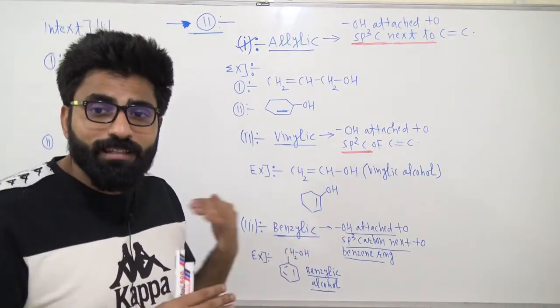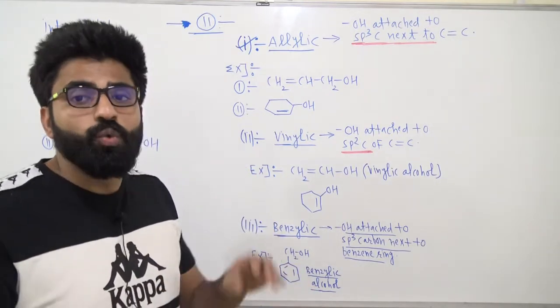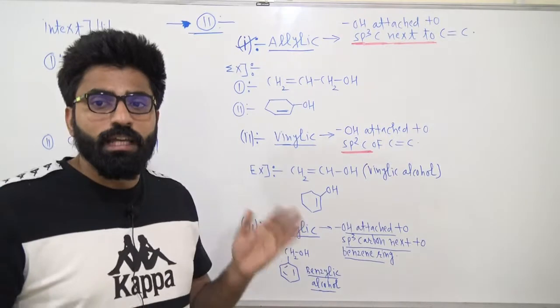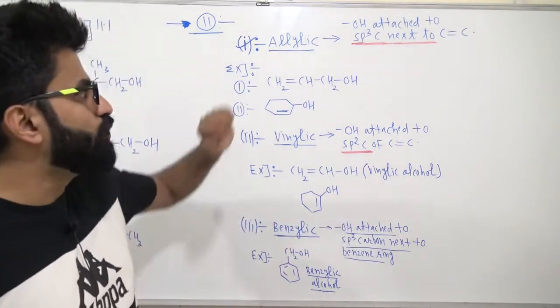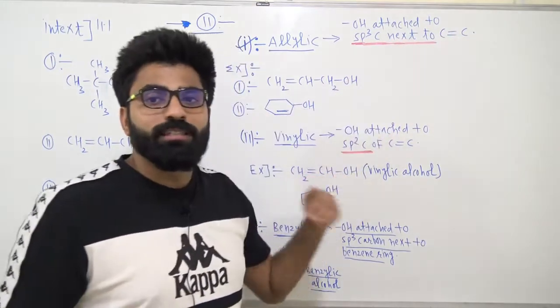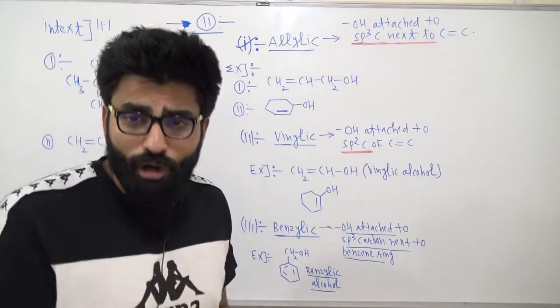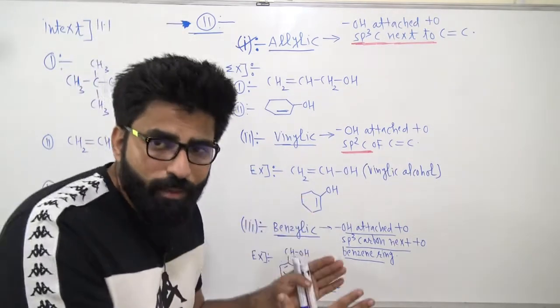Or we can always remember it this way: if your OH is attached to sp3 carbon next to C double bond C carbon, then that kind of alcohol is called allylic alcohol, right?